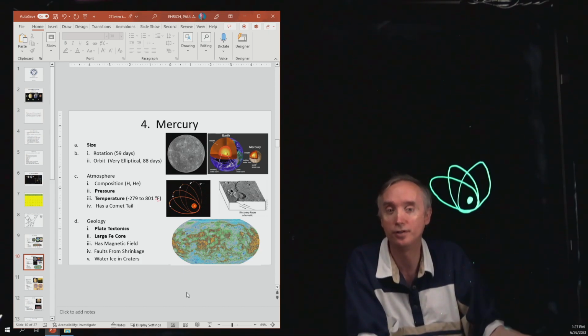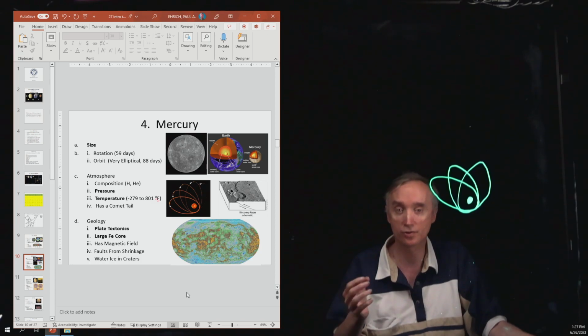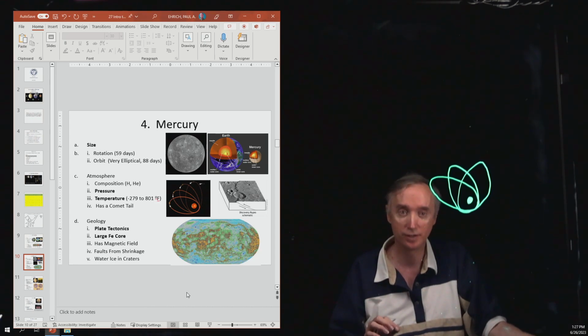Mercury could have water, and the water is going to be frozen in craters on the surface of the planet. As long as those craters never get any sunlight, it's possible that there could be frozen water at the bottom of those craters.